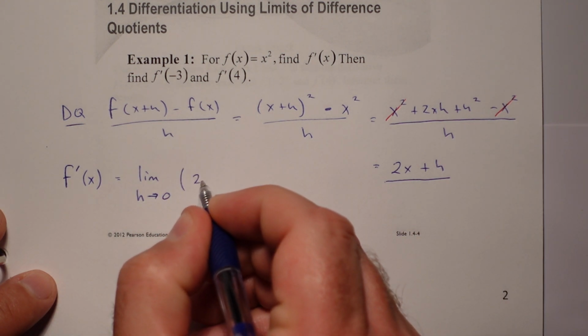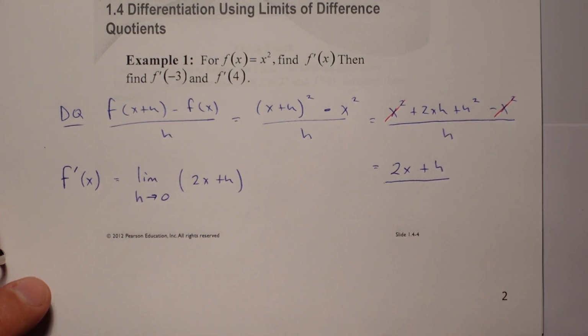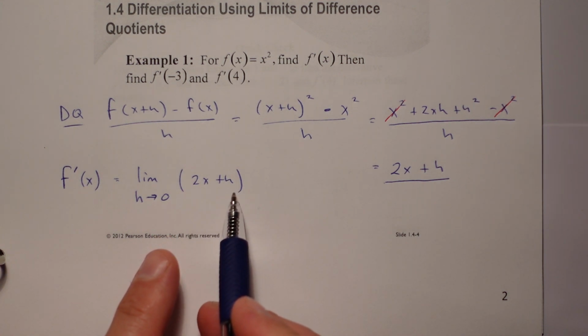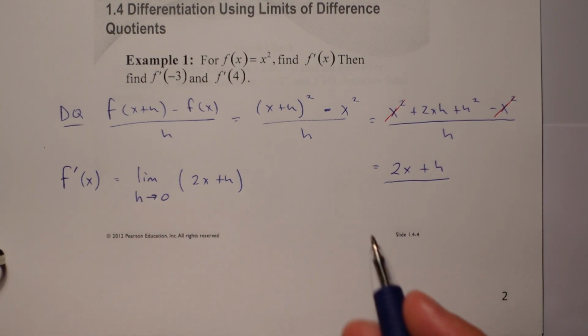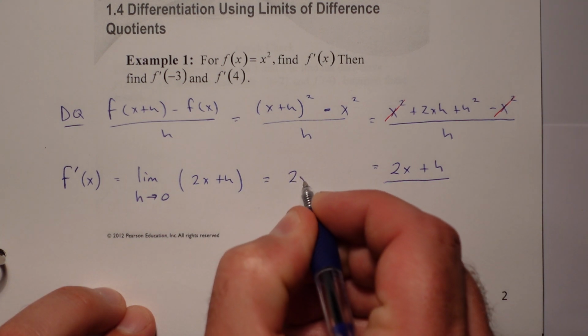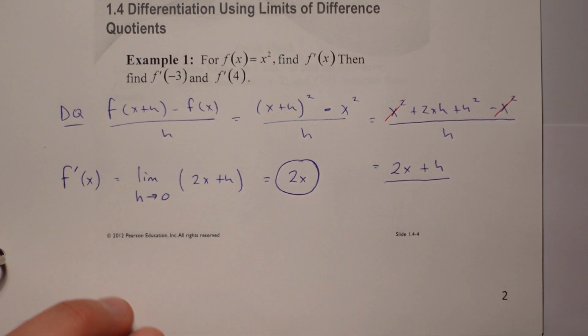So in this case, 2x plus h, and you've got a really nice simple limit to evaluate here. If you take the limit of 2x plus h as h approaches 0, you're left with just 2x. So 2x is the derivative for our original function.